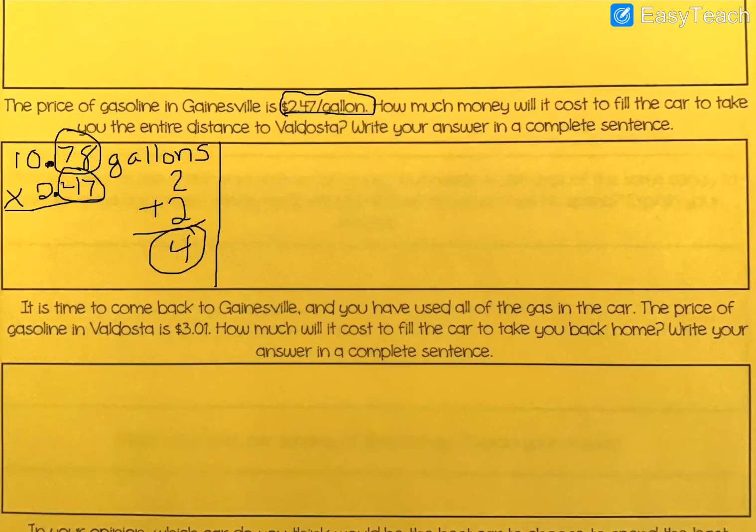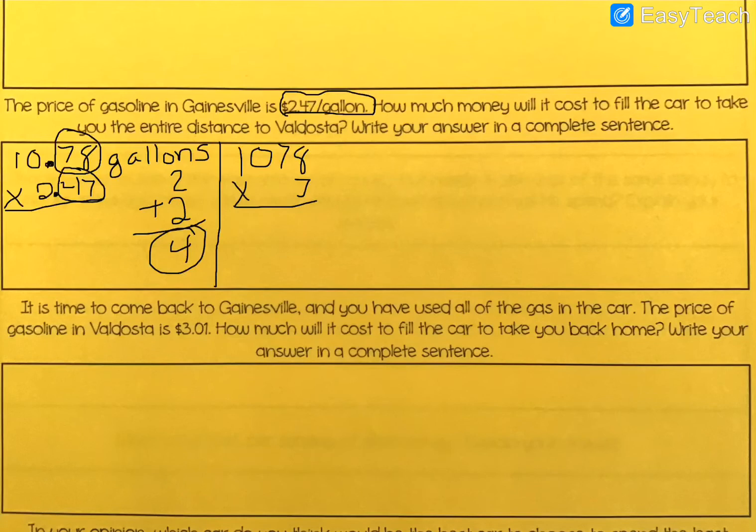Okay, so now for our strategy, we're going to use the partial product strategy. In the partial product strategy, after we count our decimal places, we can essentially ignore the decimal until the end. We can treat both numbers as if they were whole numbers. So we have 1,078, and we're going to multiply that by 7, because we're going to treat the 7 as if it's in the ones place.